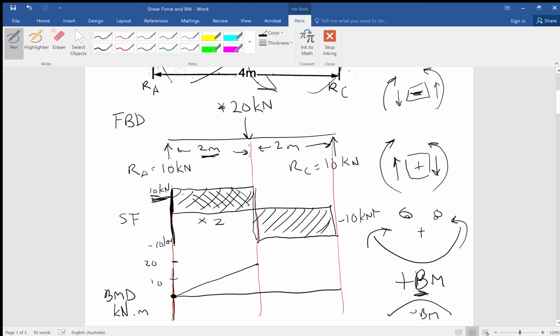That takes us back down to 0, and like I said before, for a simply supported beam, it takes us back down to 0. And that's how you do a simple shear force and bending moment diagram for a simply supported beam. Pretty simple. Took 7 minutes to do. Look at a few more examples, and we'll certainly do more examples in class.